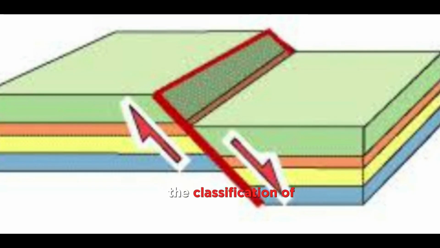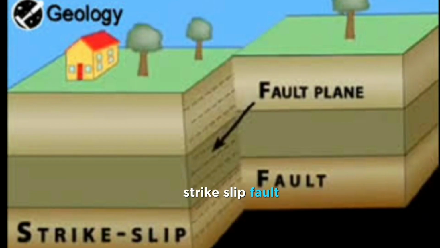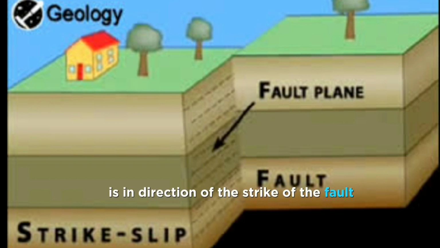The classification of faults based on the direction of the net slip of the fault. Dip slip faults: these are those faults in which the net slip is in the direction of the dip of the fault. Strike slip faults: these are those faults in which the net slip is in the direction of the strike of the fault.